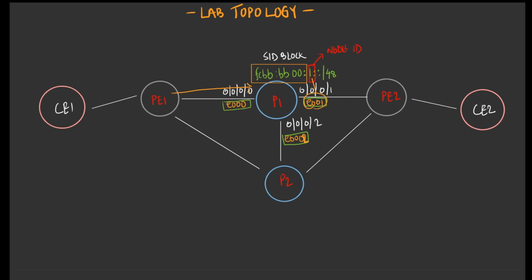So it will say that if I'm having an interface towards this as well as this, right? Right now, whenever a data plane is coming, it will check as an endpoint, okay, this is the locator it advertised. And then it will send in this particular interface towards PE2 because it is advertising as E001.